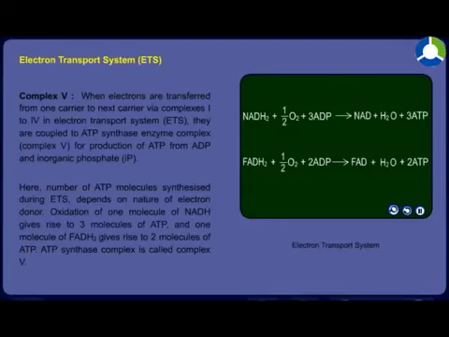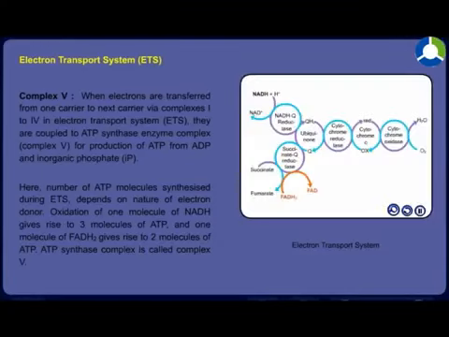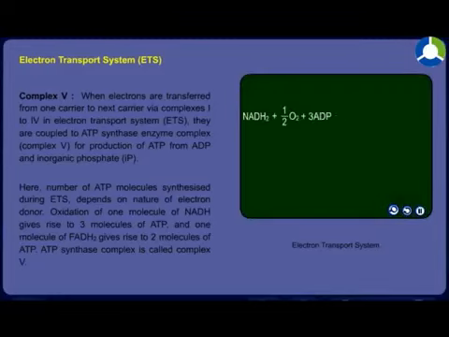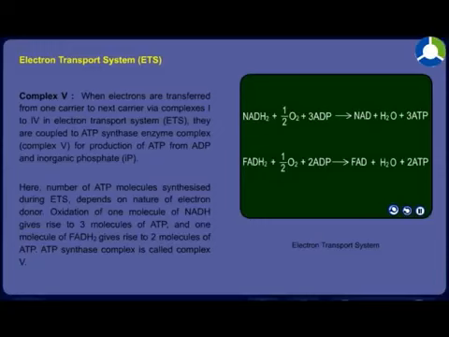Oxidation of one molecule of NADH gives rise to 3 molecules of ATP and 1 molecule of FADH2 gives rise to 2 molecules of ATP. The ATP synthase complex is called complex 5.